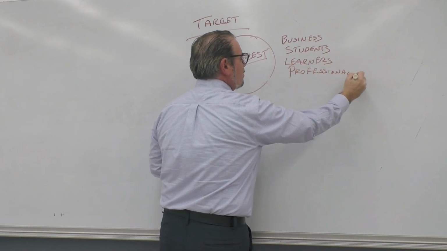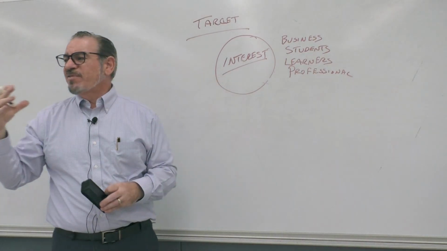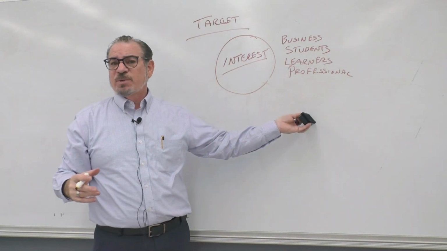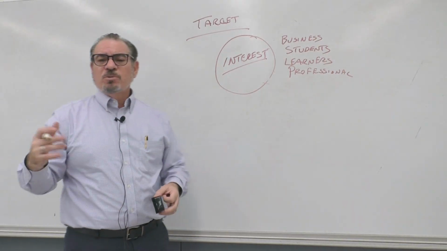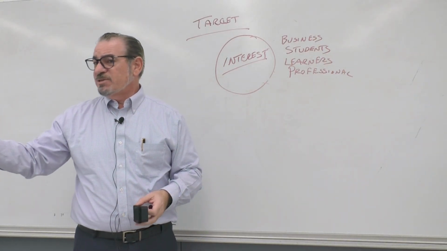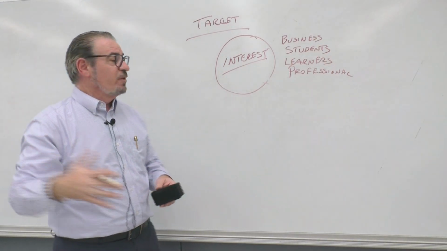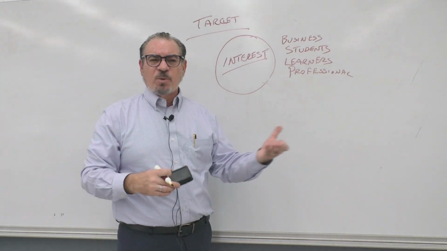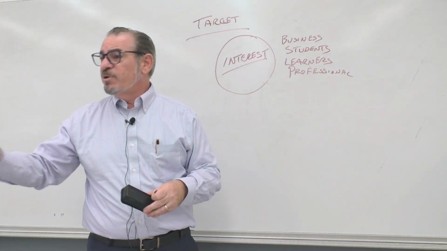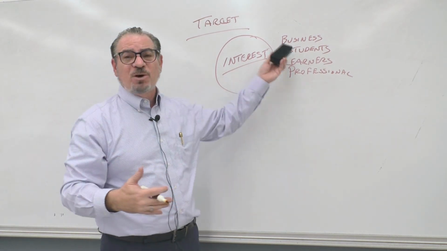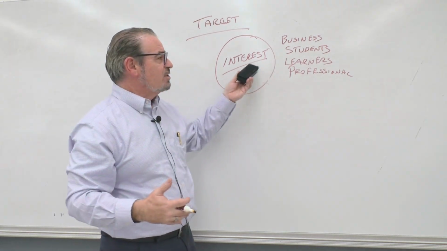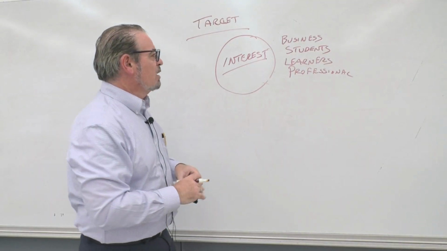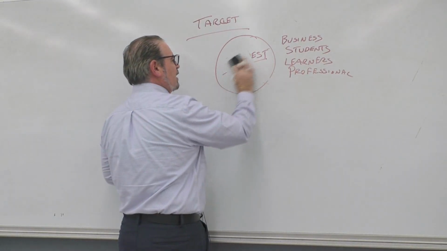So we're starting to build that psychographic profile of who that target is. So you could have some interest there as well. And Google will give you this. Facebook will give you this. They'll give you interest that you can choose from. Different ideas there. You should really know it before you go in. That's because you do your research before you get to this point. But if you don't, you can always ask Google or Facebook for help, and they'll give you some ideas. So that's another target that you can use.